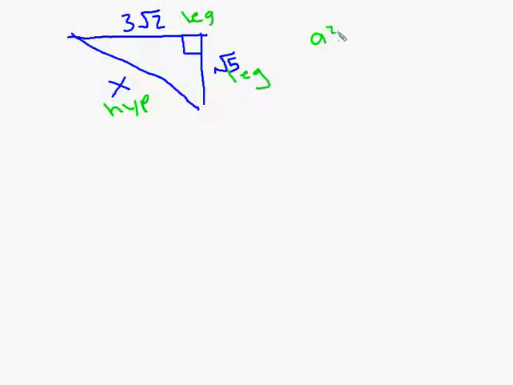So I write the Pythagorean theorem. What do I put in for a? Either 3 root 2 or root 5. Okay. I was about to say x, but then I remembered. X is the hypotenuse, so x should go on the other side.